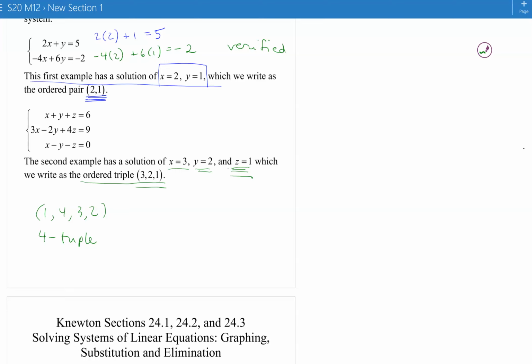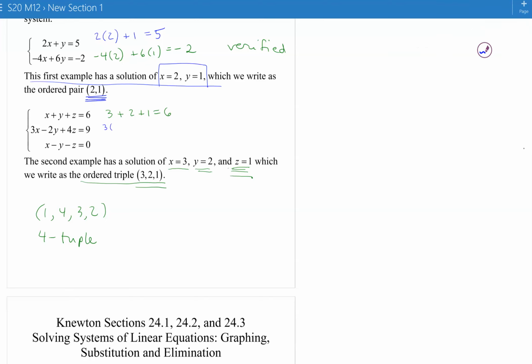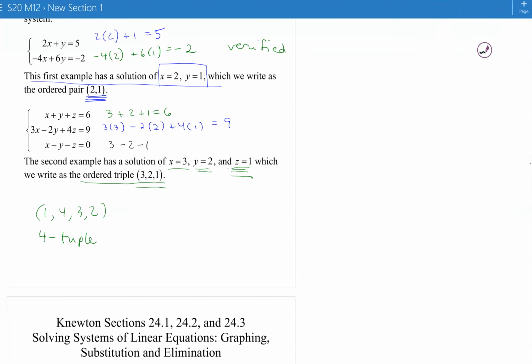Okay, so let's verify that this is a solution to this system of equations. x is 3 plus y is 2 plus z is 1 does give us 6. 3 times x is 3 minus 2 times y is 2 plus 4 times z is 1 gives us 9. And then we have x minus y minus z equals 0.